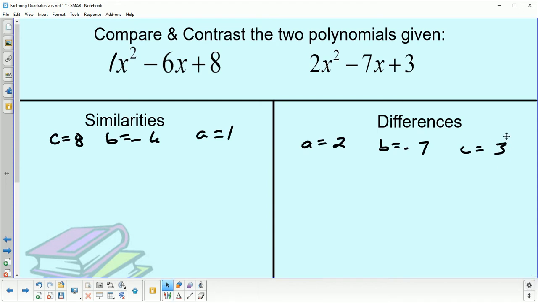So we're no longer going to be able to do just factors of C that add up to -7. What we're going to have to do, the difference is that we're going to find A times C, which in this case will be 6, and the factors of 6 that add up to -7. So big difference is that our A value is different, and because our A value is not 1, we're going to have to do a slightly different method.